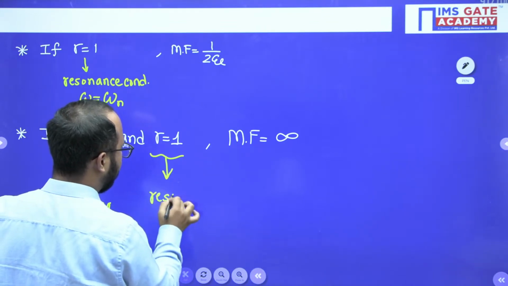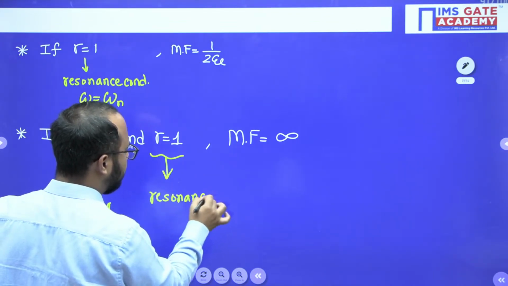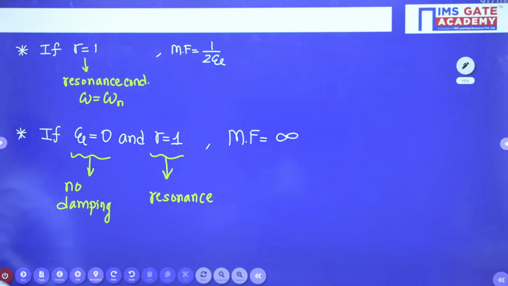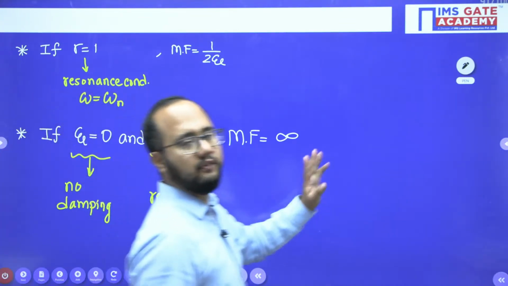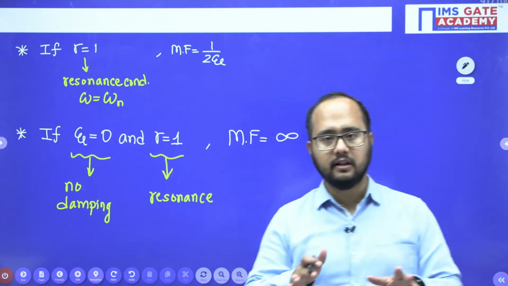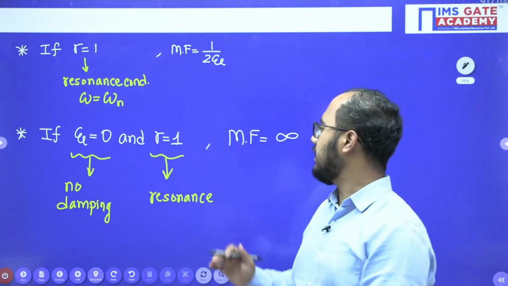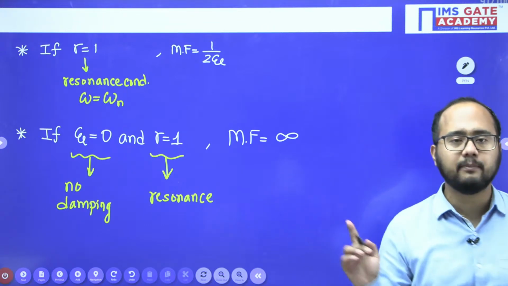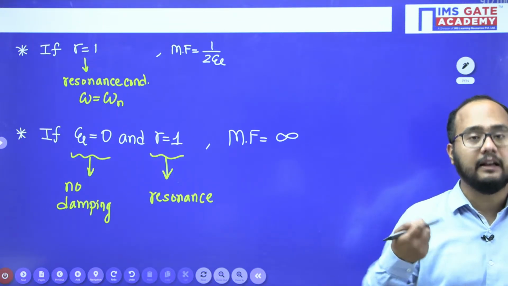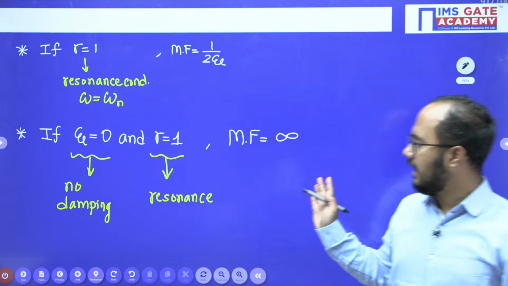So if the resonance condition is there for the undamped system, only in that case will the magnification factor be infinite, not in every resonance condition. Only when resonance occurs without any damping will you have the magnification factor as maximum, or we'll say infinite. I hope this point is clear.